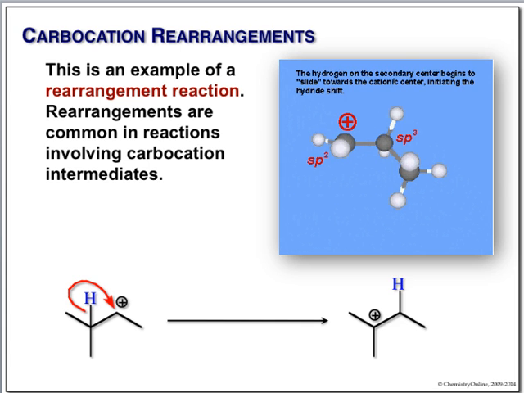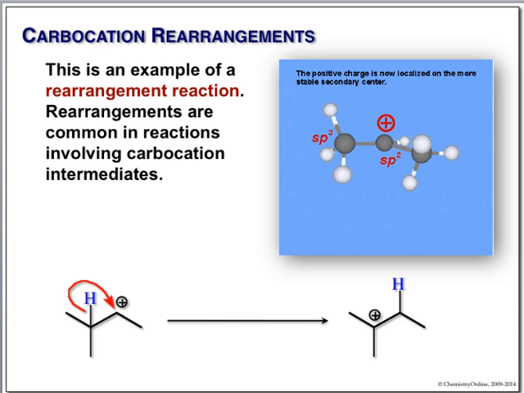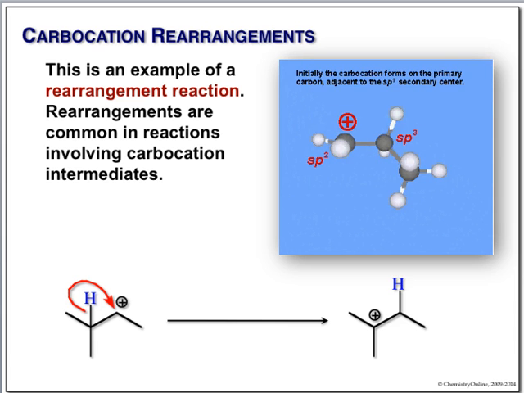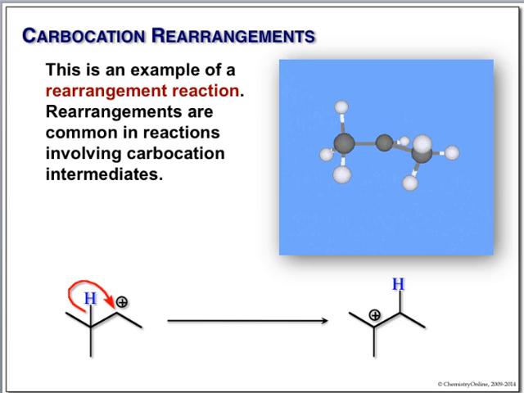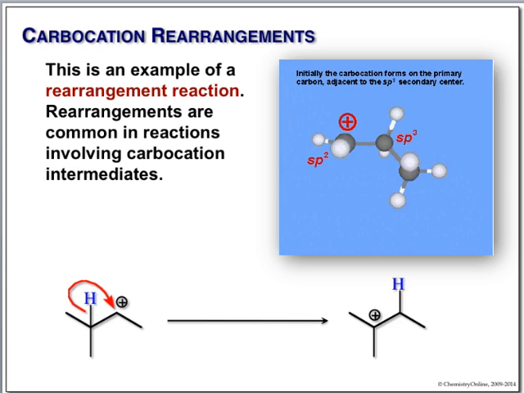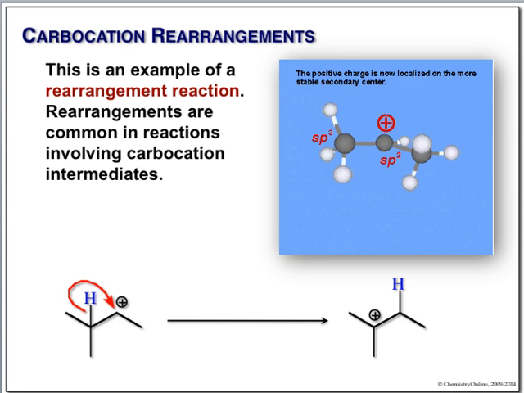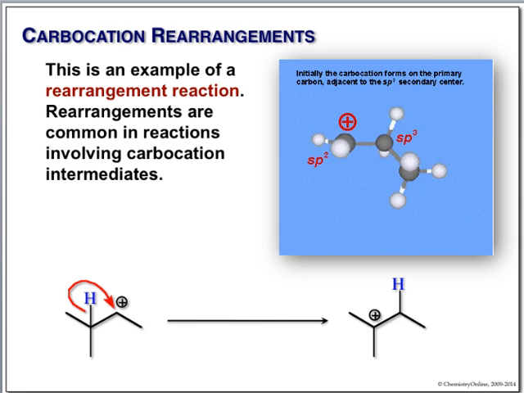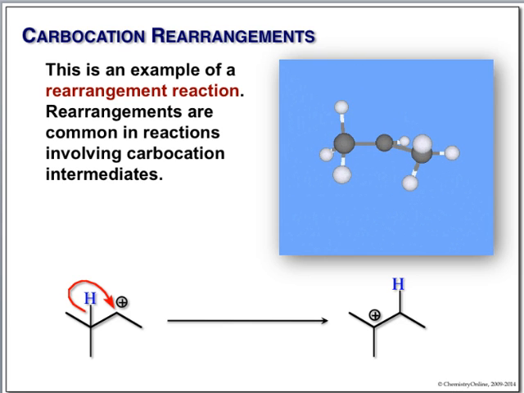In fact, this is probably the exact wording from the exam. For this reaction, the one we saw on the previous slide, I would ask you to show the initially formed carbocation. That's this one. Then, the most stable carbocation following rearrangement, and that's this one. And then the final product.